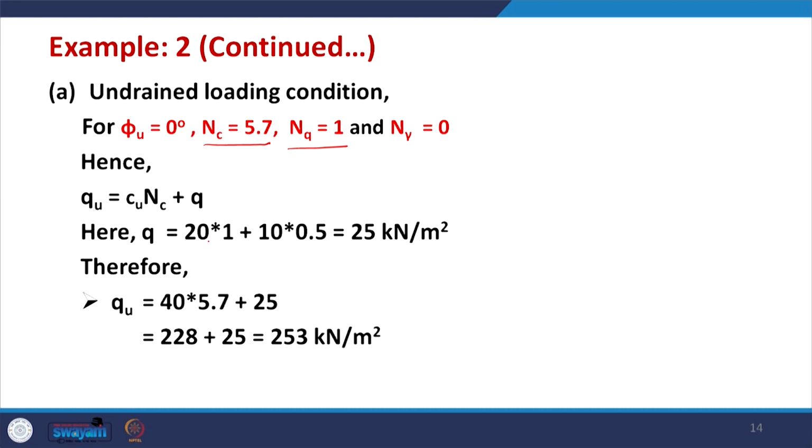So, Q will be 20 into 1 plus 10 into 0.5, so 25 kilonewton per meter square. Once we put all these numbers here, you get the value of Qu equal to 253 kilonewton per meter square.